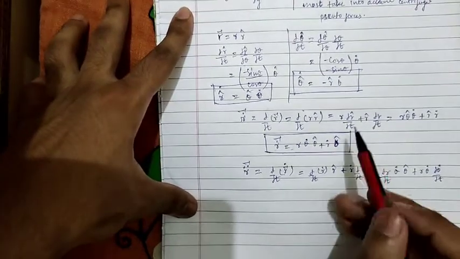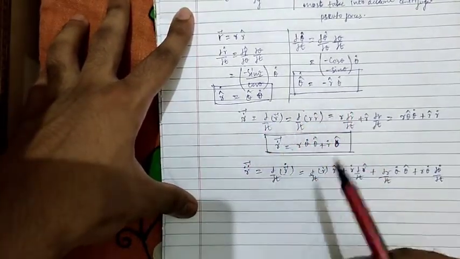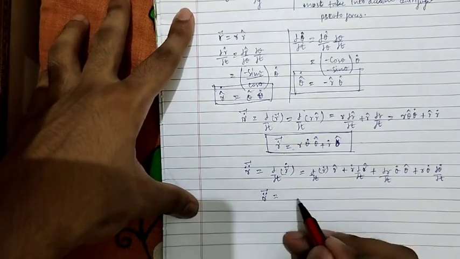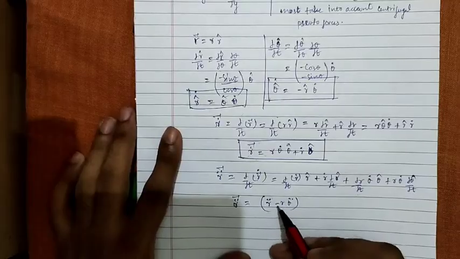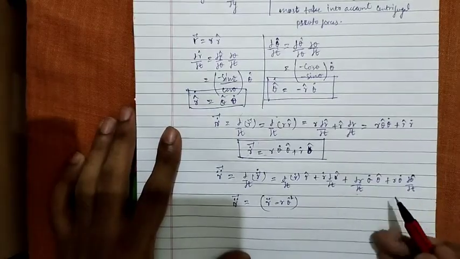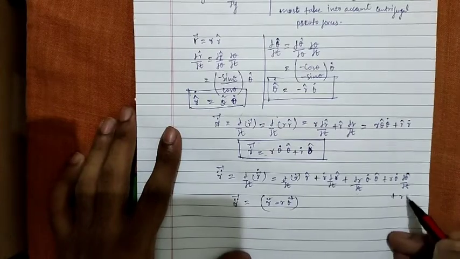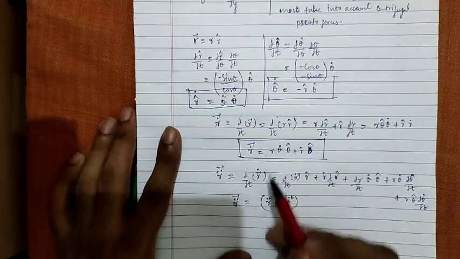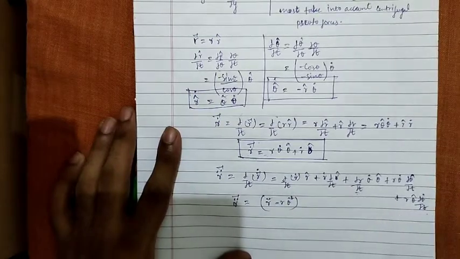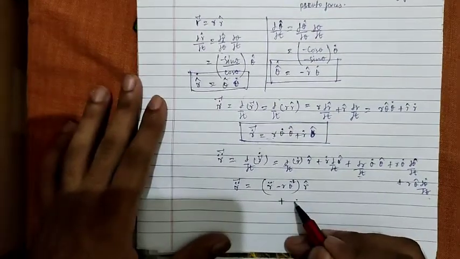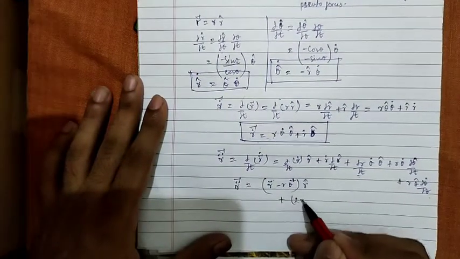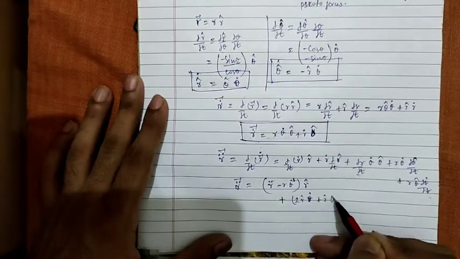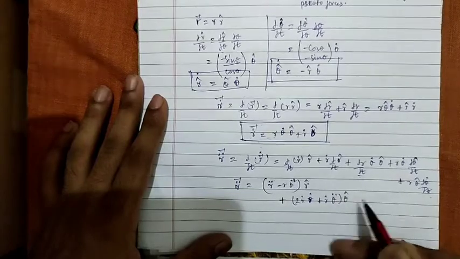On some manipulation from the above equations, we can easily find that r double dot equals r double dot minus r theta dot squared along r cap, and one more quantity here, r theta dot d theta cap by dt, because we have three quantities, so three differentials will be there. So plus 2 r dot theta dot plus r theta double dot along theta cap.